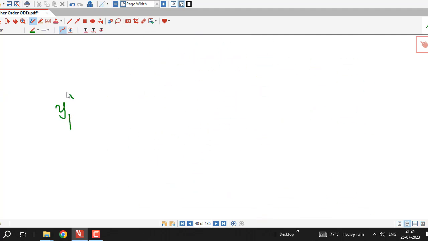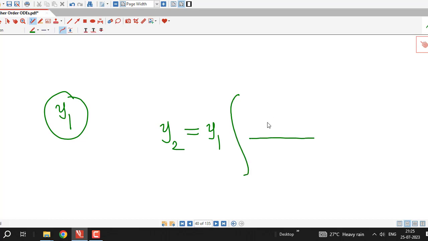Suppose you are given one solution, say y1, then the second solution is given by y2 equal to y1 times integral of e to the power minus integral of p of x dx, this whole quantity divided by square of first solution, integral with respect to x.